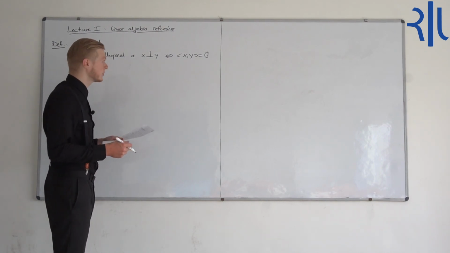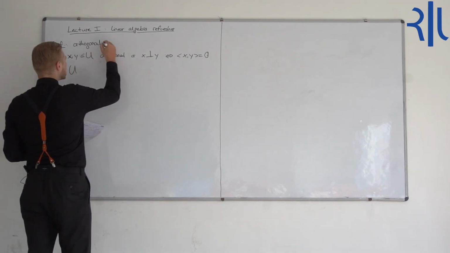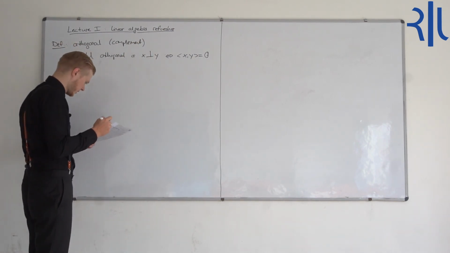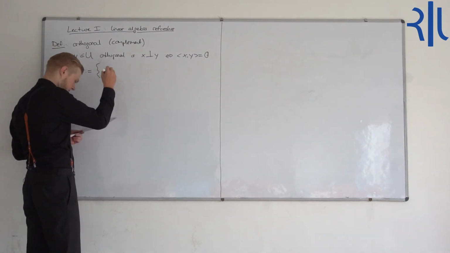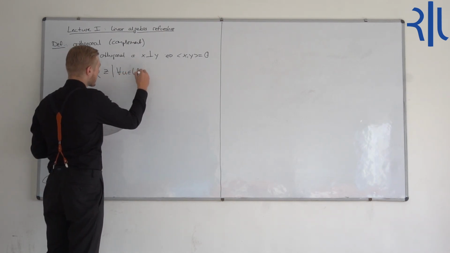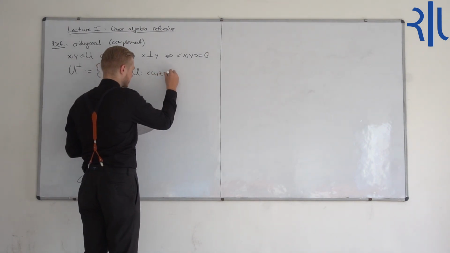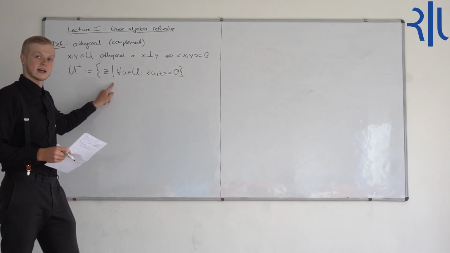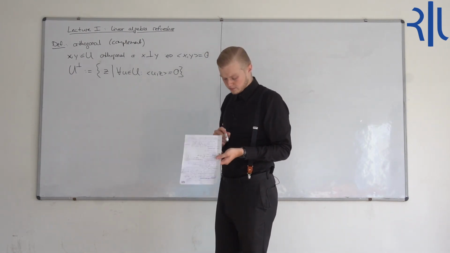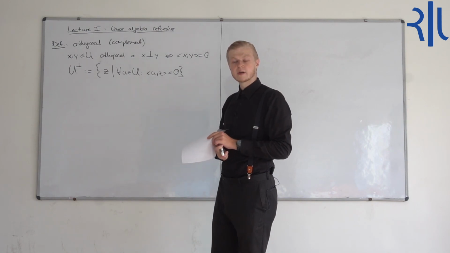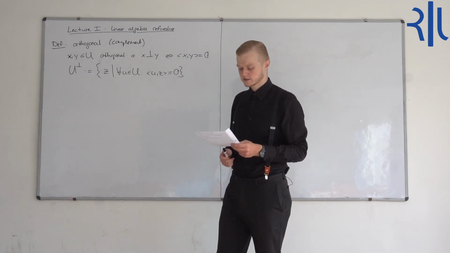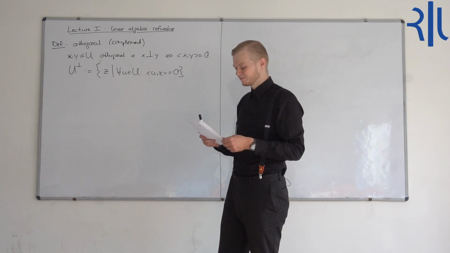And we can also define the orthogonal complement of a subspace, U orthogonal, as the set of all vectors which are orthogonal to every vector that is in U. So for example, the 0 vector, or the set that contains just the 0 vector, is in the orthogonal complement of every linear subspace, and complement in the sense of it is complementary to this linear subspace.